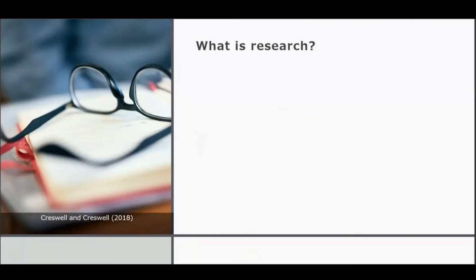Let's start our talk today with this very simple question, and if you don't mind, probably one or two of you can turn on the microphone and answer: What is research? And as a researcher, what do you think about research? Does anyone have any idea they want to share with us?